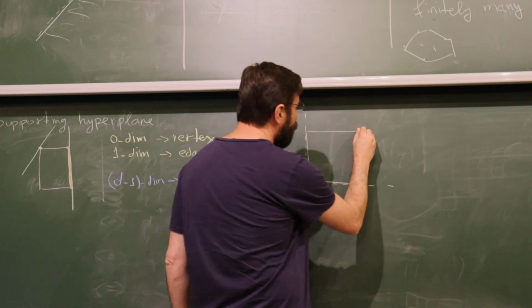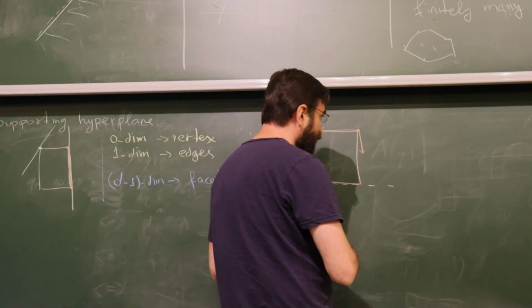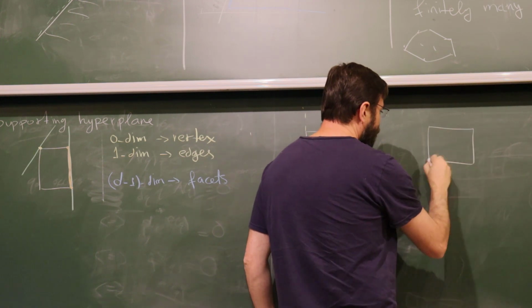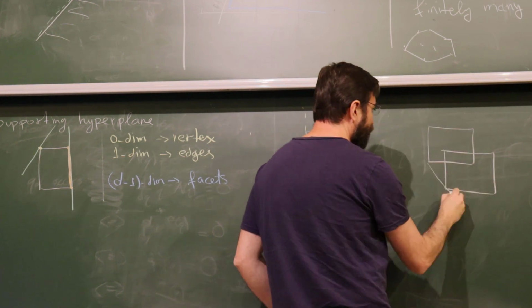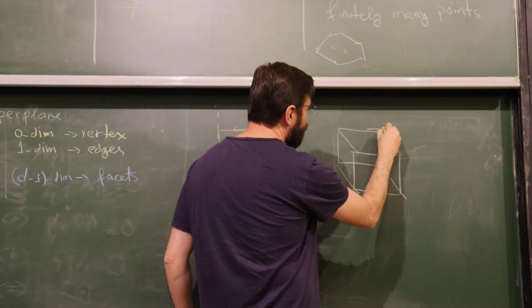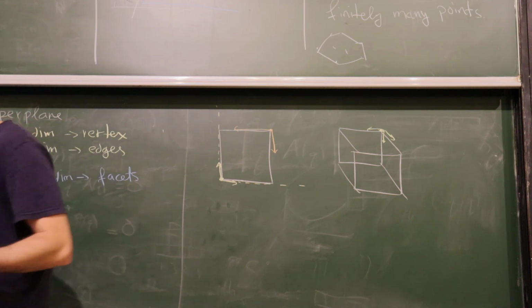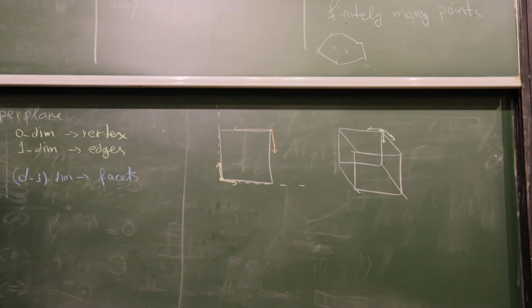Or another vertex cone would be that one, right? Or if I want to show off and draw in 3D, it would be that one, right? So, okay. Good.